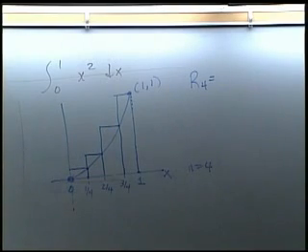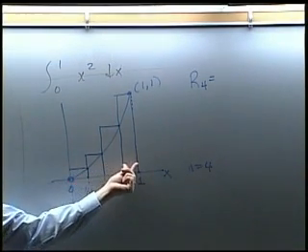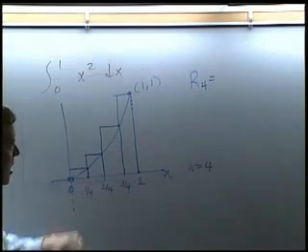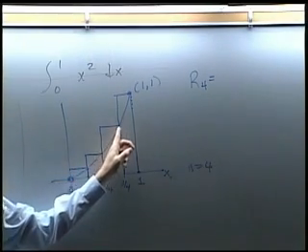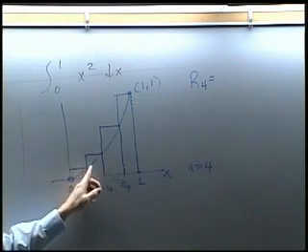Okay? Now, will it be very difficult for us to find the area of each of those 4 rectangles? And the answer is no. It's going to be very simple. And then if I add those 4 areas together, is that going to give me a decent approximation for the area underneath this curve? Well, decent is probably the appropriate word here. Our answer will definitely be related to this actual area, though.